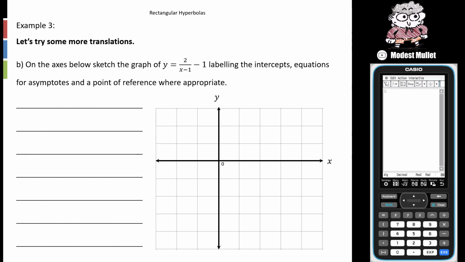Let's combine it now with, we also have a minus 1 here. If we think about whenever we have an equation, let's even think of a polynomial, x cubed plus x squared minus 2x or something like that. That's our polynomial.